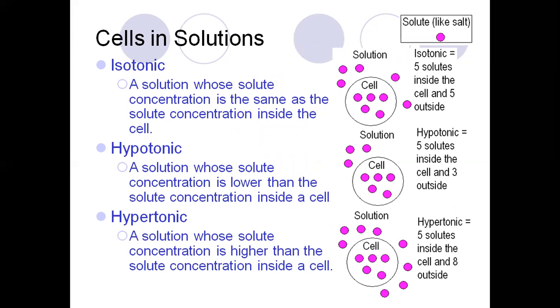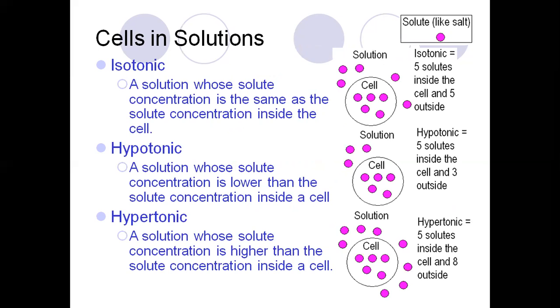For cells in a solution, there are three major terms: isotonic solutions, hypotonic solutions and hypertonic solutions. An isotonic solution is a solution whose solute concentration is the same as the solute concentration inside the cell.